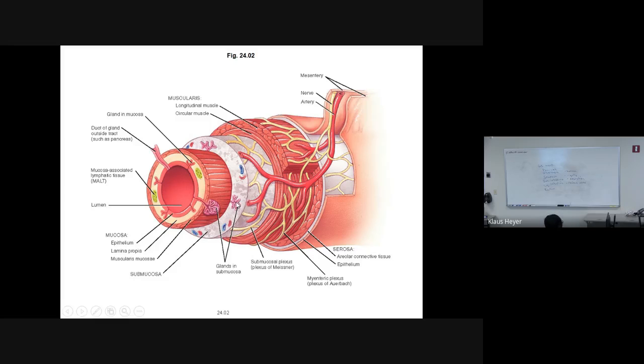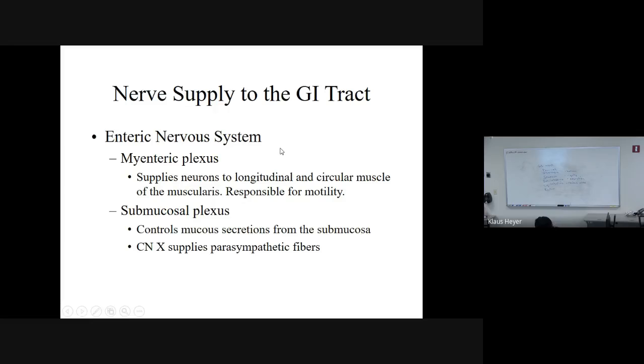So they're going to 2 places: these glands and this muscle. When they go to the muscle, we call it myenteric, MY meaning muscle, right? And the other one's submucosal. A plexus is a network of nervous tissue, neurons.